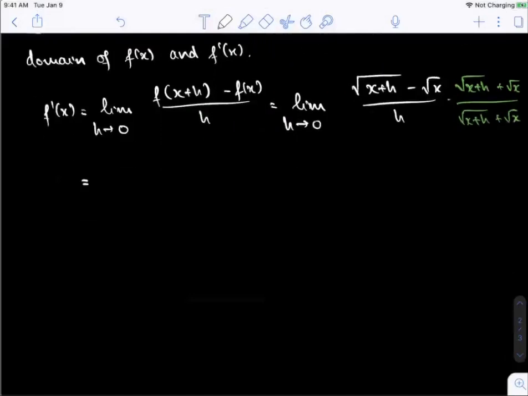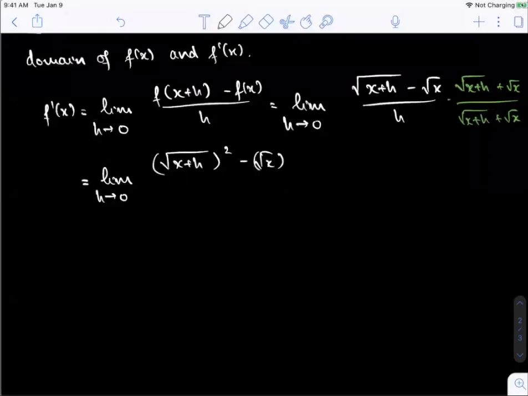So I have the limit as h approaches 0 of the square root of x plus h, squared, minus the square root of x, squared. The numerator is just the difference of two squares. And then the denominator is h times the square root of x plus h plus the square root of x.